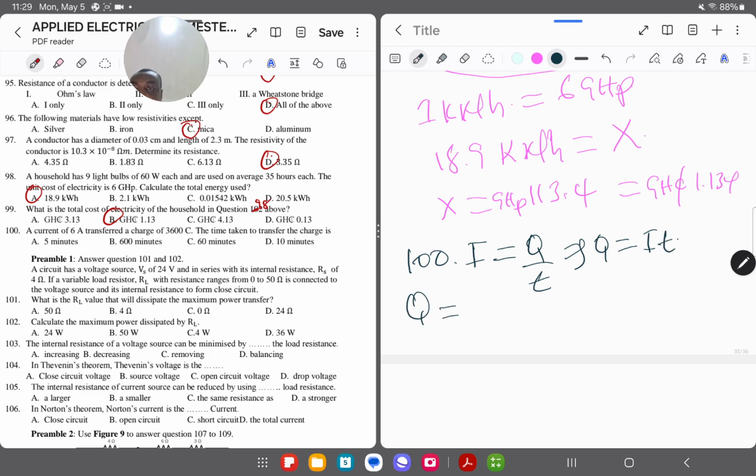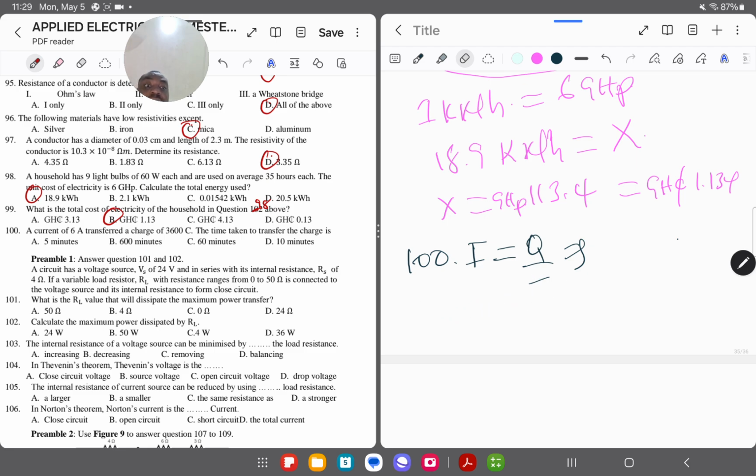So charge is now going to be equal to, from the question, we are given the current to be equal to 6, then we are given the charge, rather we have to find the time taken, so meaning here we make time the subject.